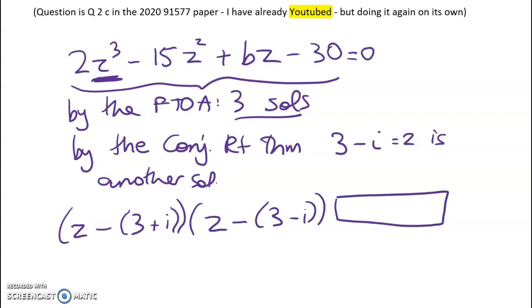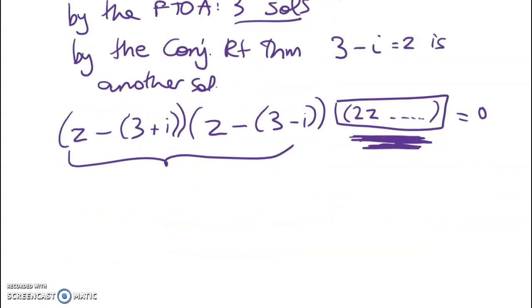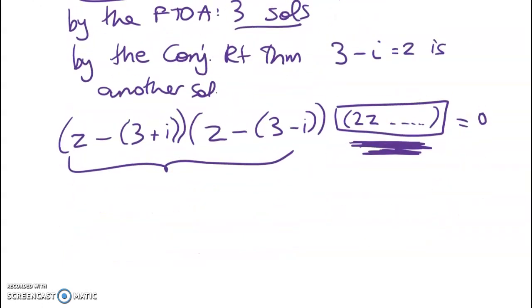And then we're going to have this one here, which will make it equal to 0. And we can see already that this is going to have to be 2z blah, blah, blah. The strategy here is going to be to work with that, clean that up, and then do matching, or we could do long division if we wanted, to figure this out, and along the way we're going to find b. But the first step here is to expand this out.